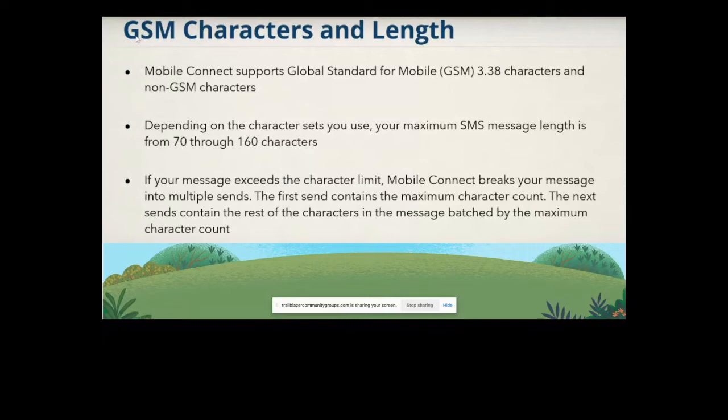That's how this concept of GSM characters and length works. It's a global standard for mobile everywhere, not only for Marketing Cloud. Any other system follows the same practice with GSM characters and non-GSM characters, because it only supports GSM characters and non-GSM characters.